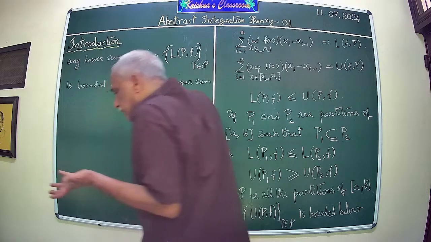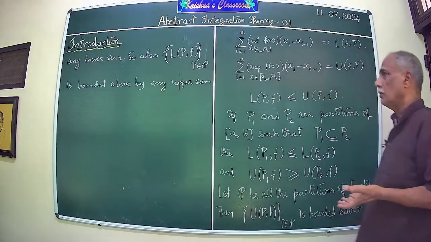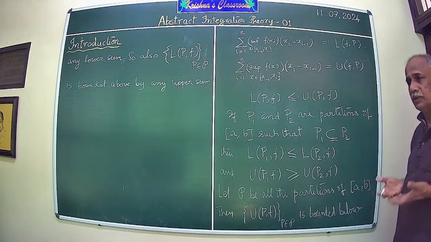So you have now two sets of numbers. One is bounded below, the other one is bounded above.